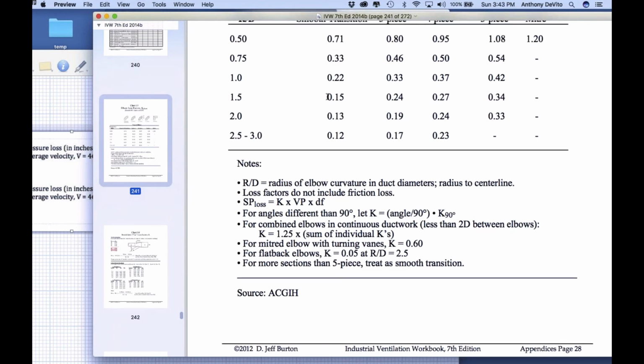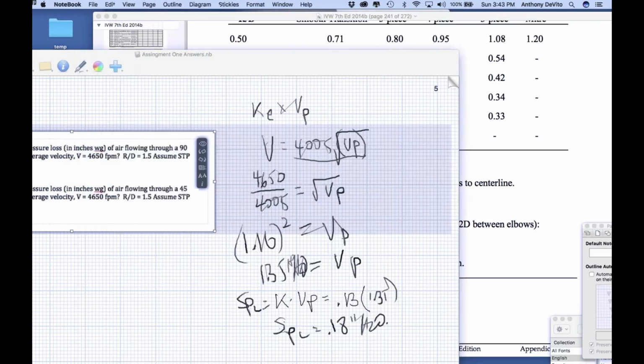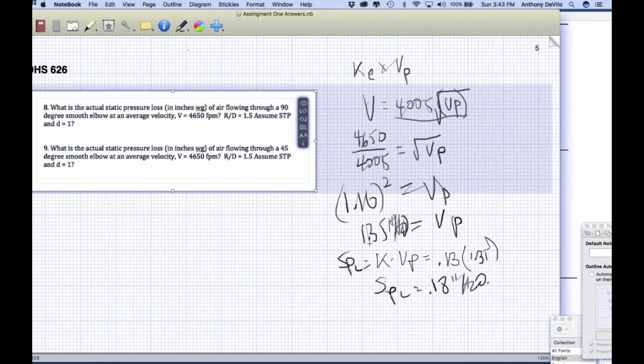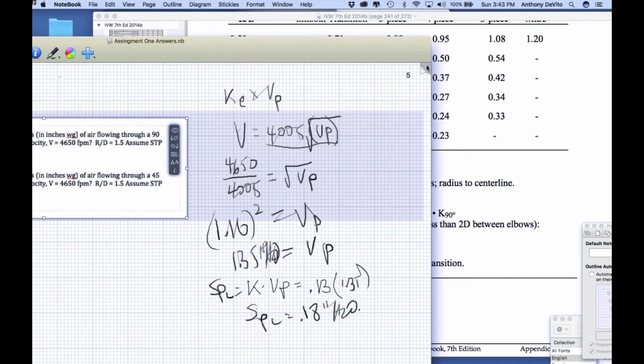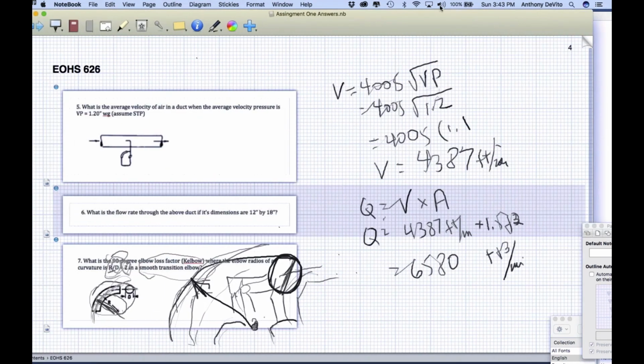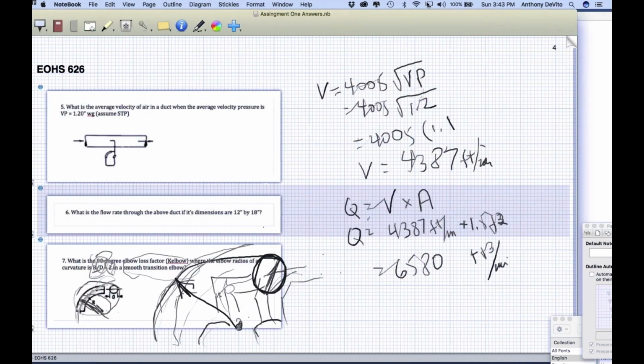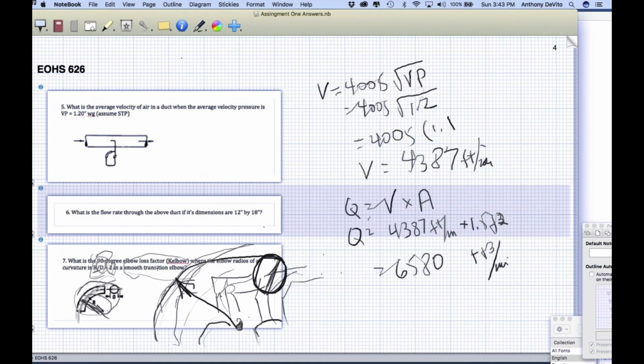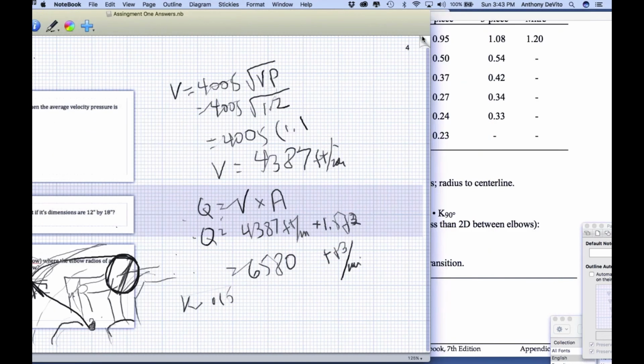Oh, I'm sorry, I made a mistake there. It was 1.5. Ah, my goodness. Okay, I better back up here. Did that affect that? Okay, transition, look at that. The K value here is 0.15, not 0.13.